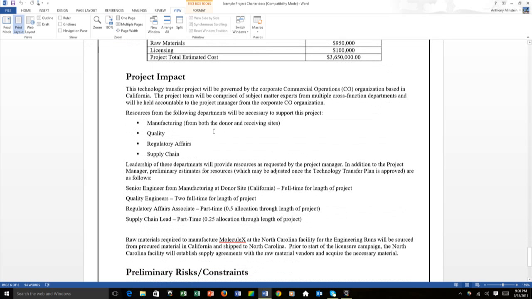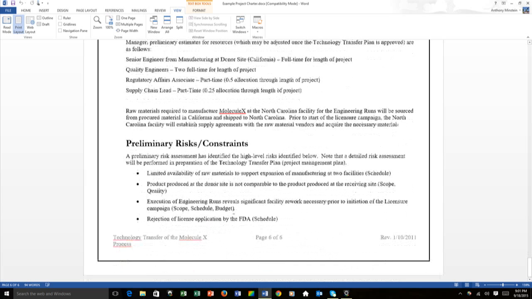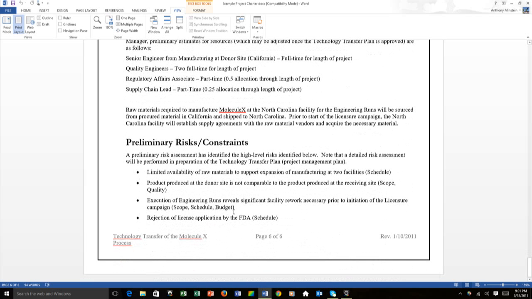From an impact statement perspective, who is going to do the project is identified, and what kind of resourcing we need, the allocation and the time period, and then at the very end, the preliminary risks and the constraints, or why we should not do this project. Or if you will, these are the risks that we have to manage.